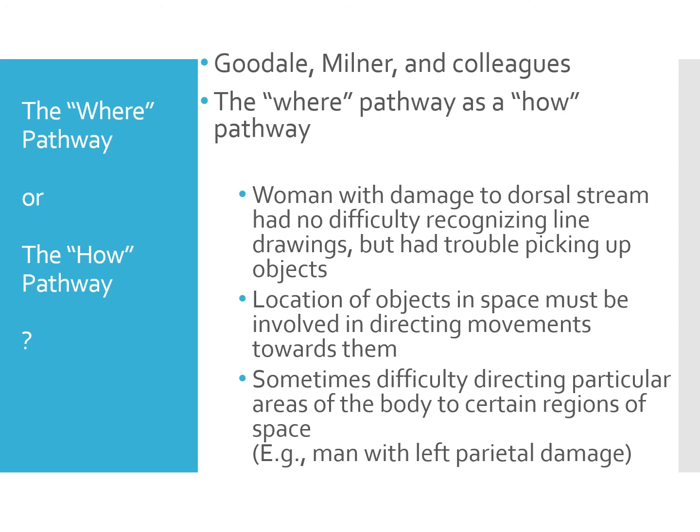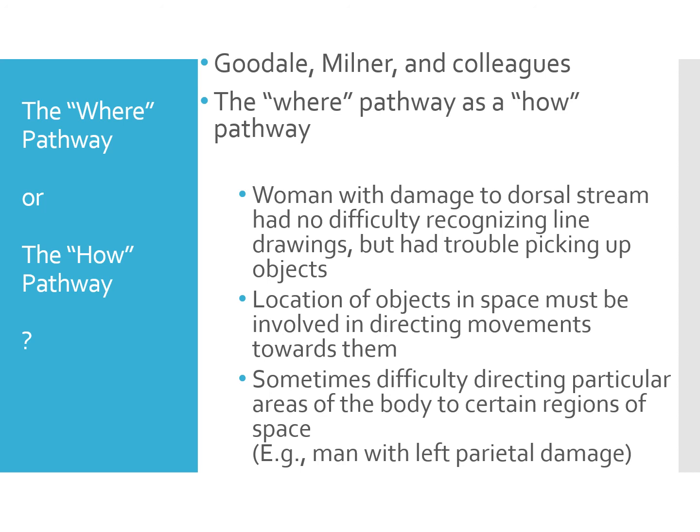So they want to call it a how pathway. For me, I'm not sure that I want to say it's a where pathway or a how pathway. Maybe it's really a where pathway and a how pathway, because the locations of objects in space, where things are, must be involved when we are trying to navigate through space, interact with objects in space, and direct our movements towards those objects in space.